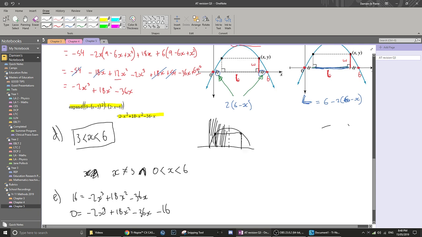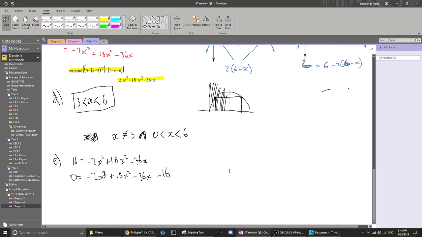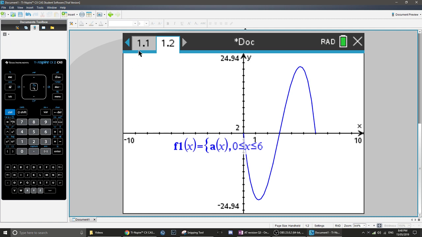That means it could be an absolute pain to use the null factor law to try and find your first factor. Once you had your first factor, you could use long division, get your quadratic, and then factorize your quadratic, probably by inspection or the cross method. I'm not going to go through all the time to do that because that would be insane to do in a tech active test or analysis task.